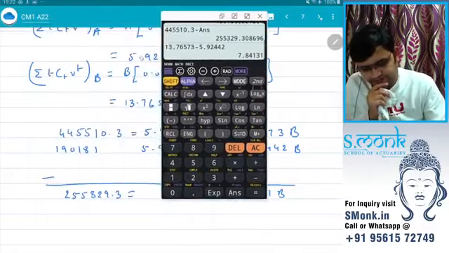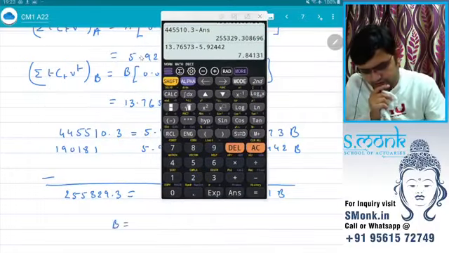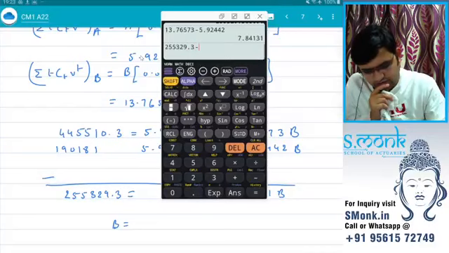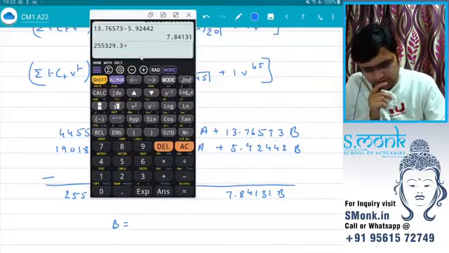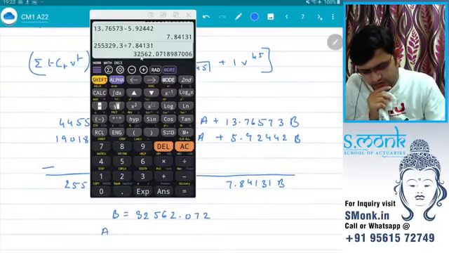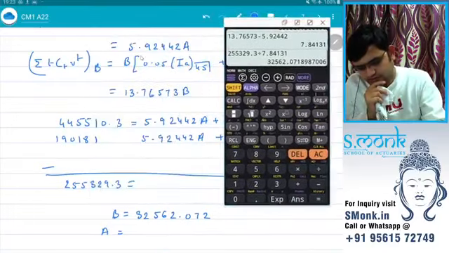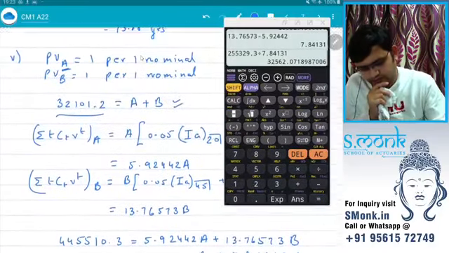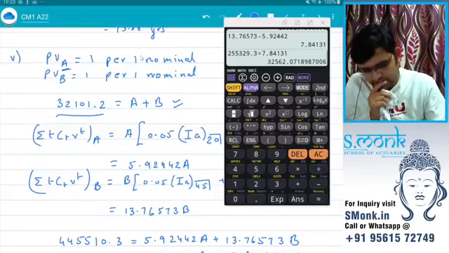So B is equal to 5532. So A, if I subtract that from here, okay, I am getting A as negative.